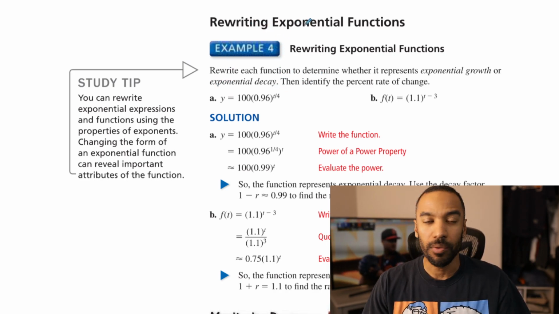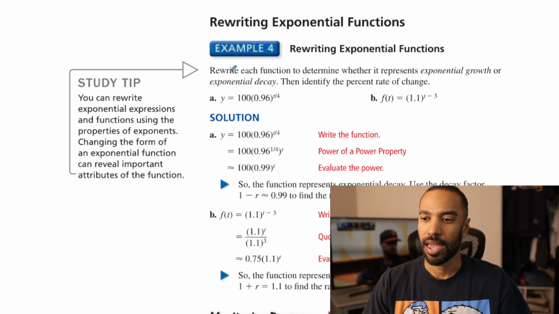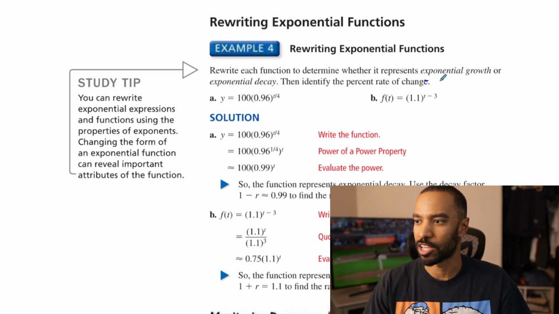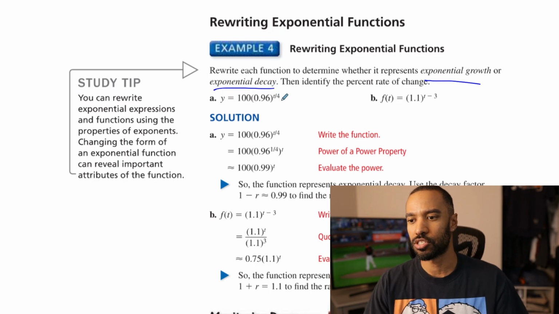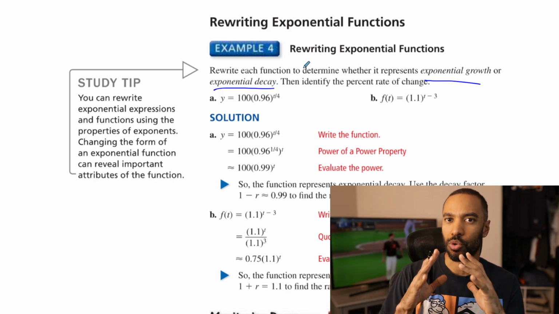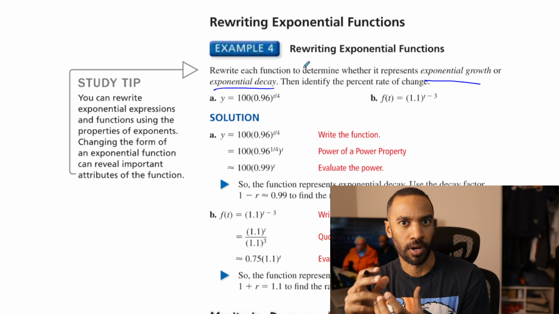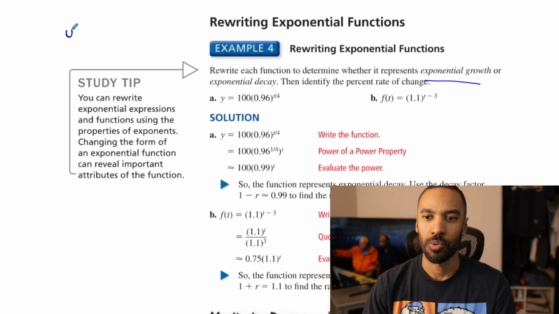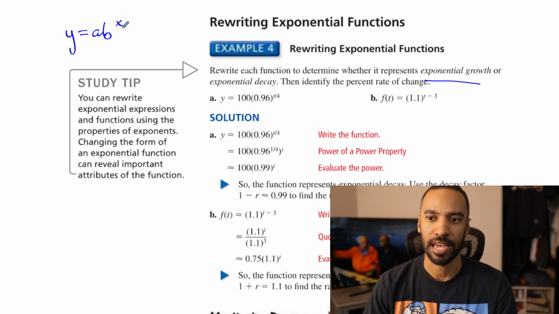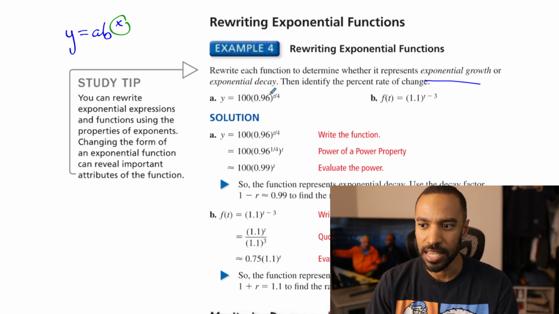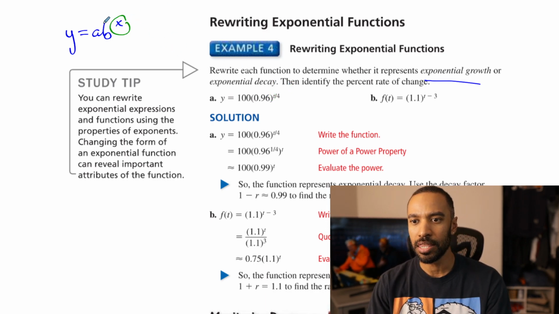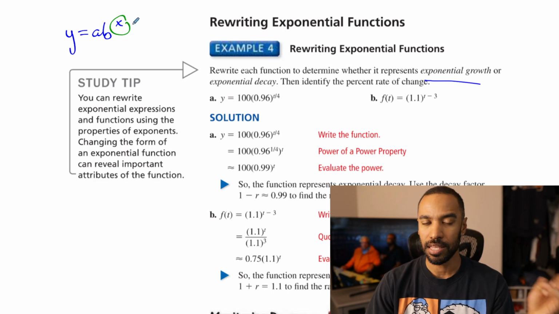Next, we're going to look at rewriting exponential functions. And exponential functions can have exponential growth or decay, and we know that's determined by whether b is greater than 1 or between 0 and 1. But that is when you are in y equals a b to the x power, meaning x or t or whatever it is the only thing in existence in the exponent.